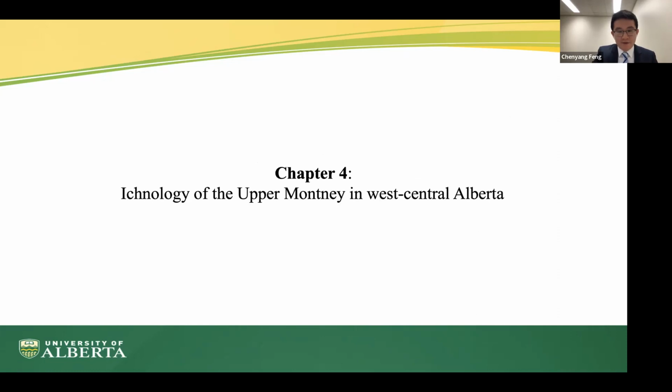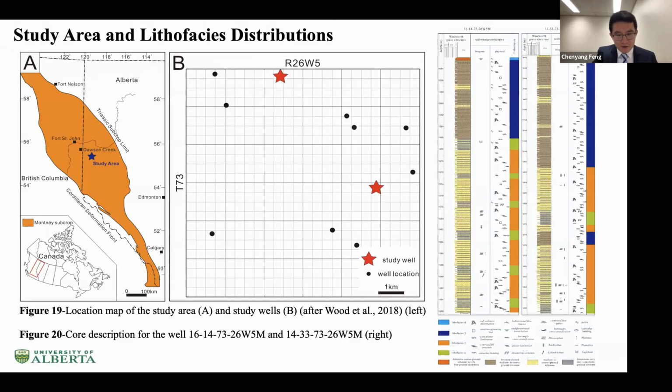Chapter 4 and chapter 5 will discuss the ichnology in different areas. First, let us have a look at the ichnology of the Upper Montney in west central Alberta. The study area, the studied cores, and the lithologs, and the distributions of the lithofacies are seen in chapter 2.